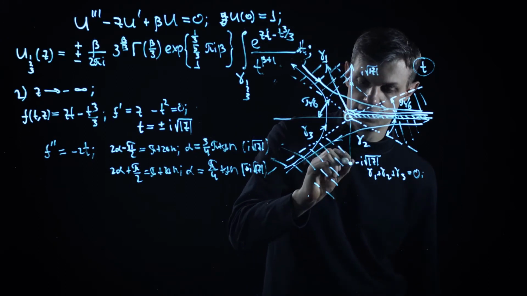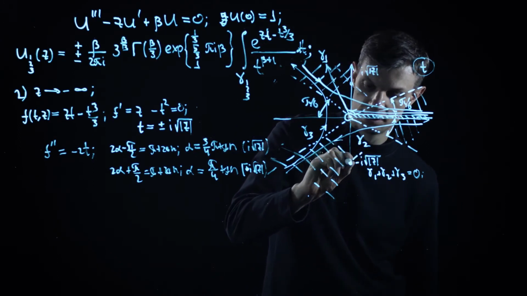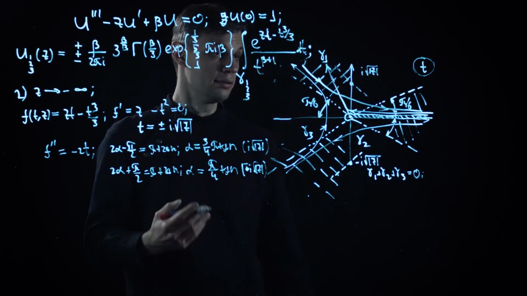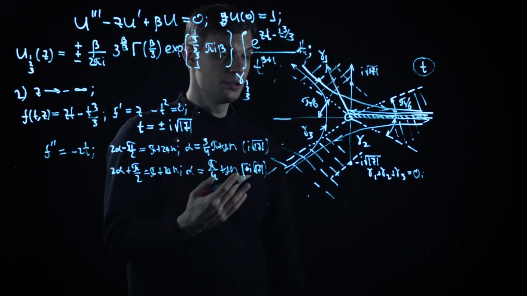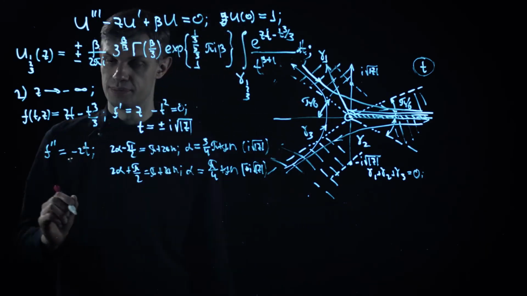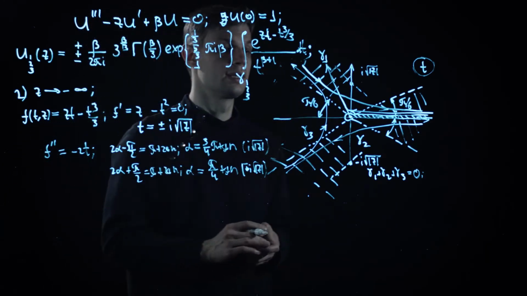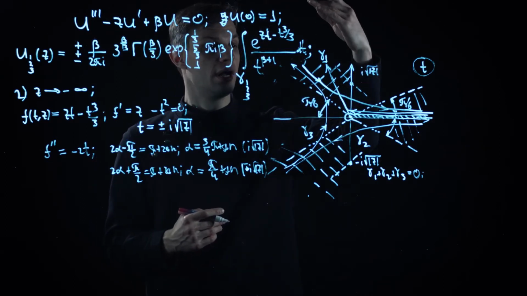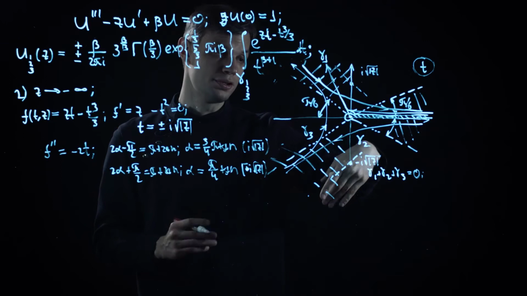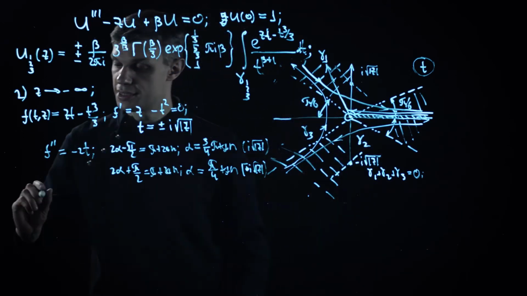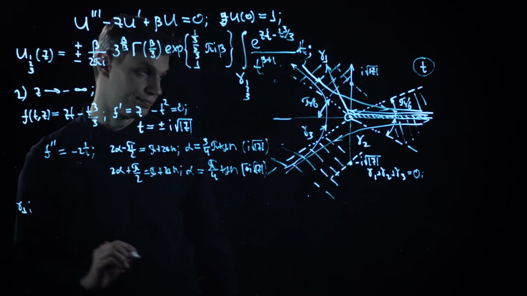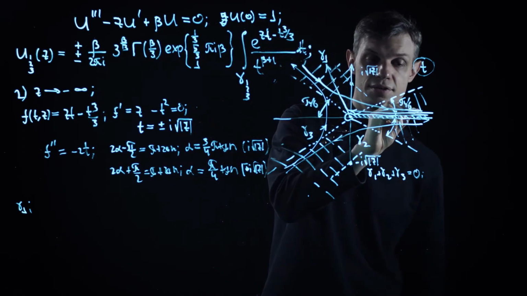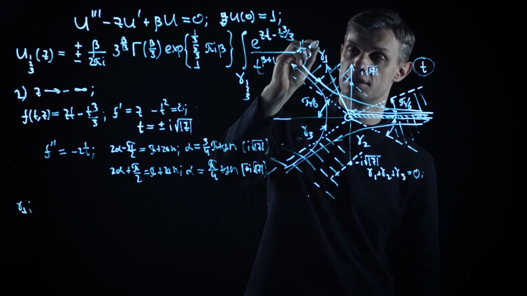So here is our pi by 4 direction. And now the legitimate question is, how do we define the asymptotics in this case? Well, again, the deformation of the upper and lower contour is almost obvious, because the upper contour can be deformed into a combination again of two straight lines.